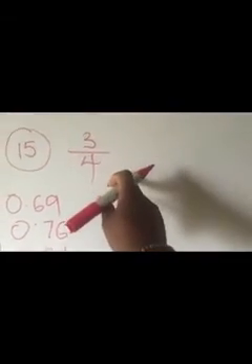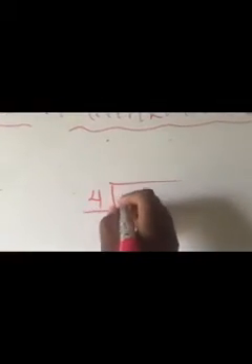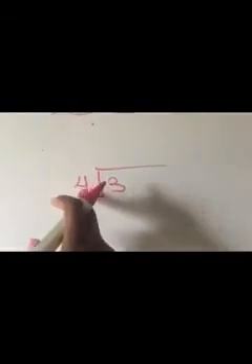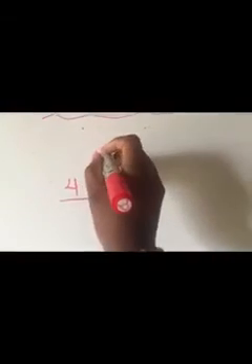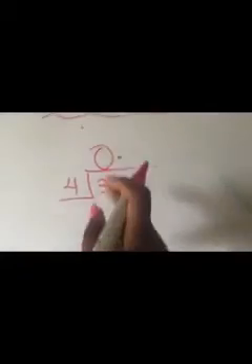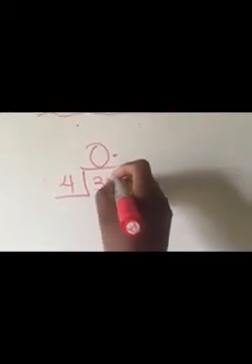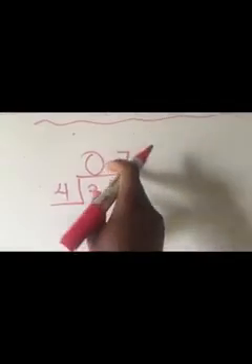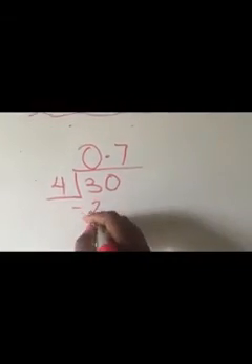This is a fraction and this is a decimal number. For us to be able to know which of these is less than this, we have to turn this into a decimal number. How do we do this? So put 4, 3. It's like dividing to get it to a decimal number. 4 in 3 cannot go, so we put a 0 here and a point here. Then we add 0 here. 4 in 30 goes 7 times. 7 times 4 is 28, minus 28.